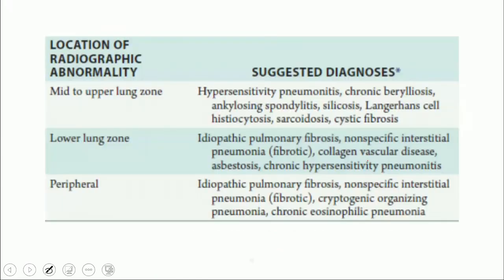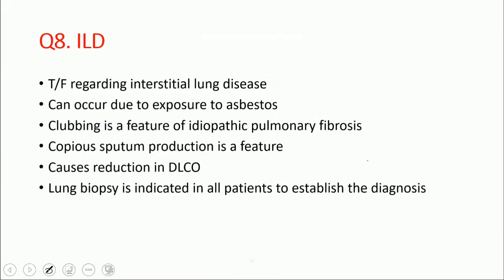What you need to know is possibly this. Let's go through these. Can occur due to exposure to asbestos is true. So it's occupation related ILD. Among other occupational exposures, silicosis is one of them. Beryllium exposure is another one, in radioactive plants where people get exposed to beryllium.